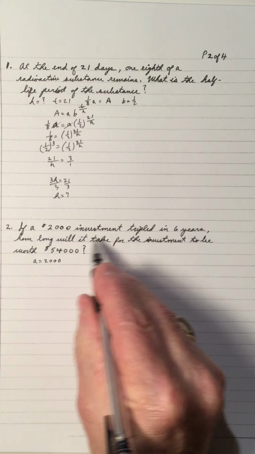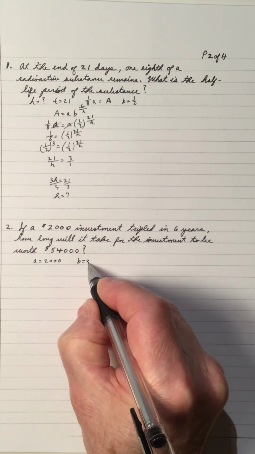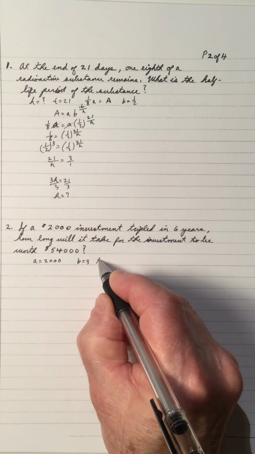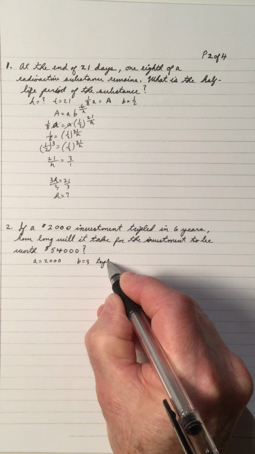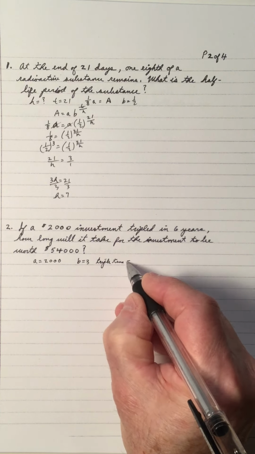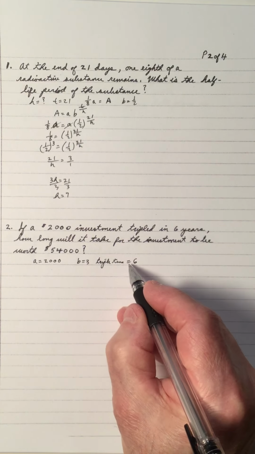It's going to triple, so that means your base is 3, and the tripling time is 6 years, like your doubling time would be 6 years.